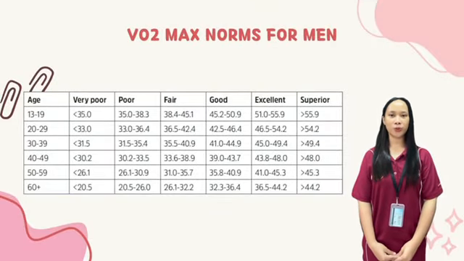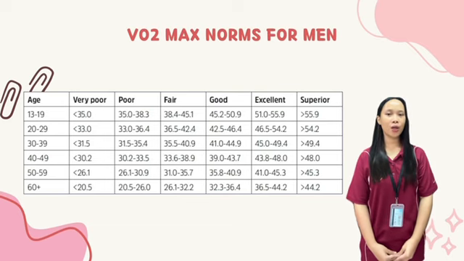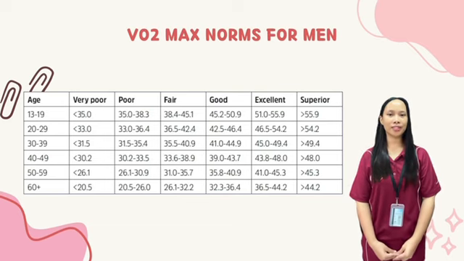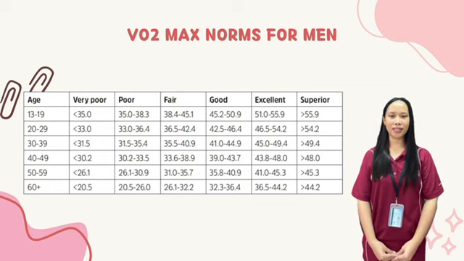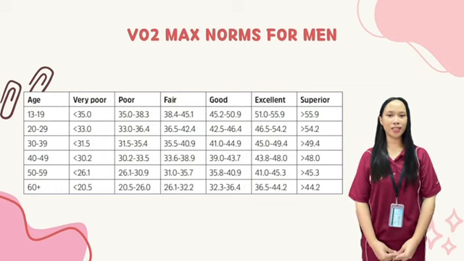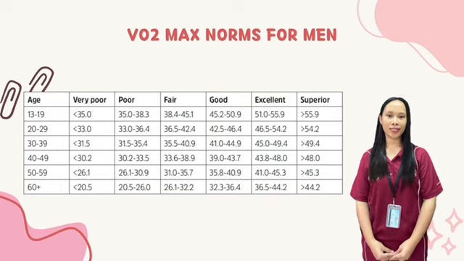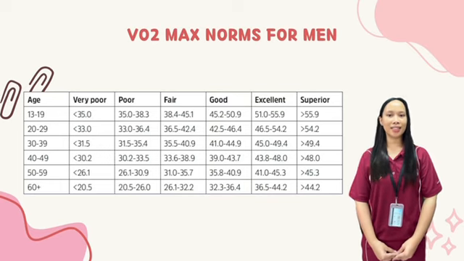Here is the VO2 max norms chart for men, which shows the different fitness levels based on age group. VO2 max is the maximum amount of oxygen the body can use during intense exercise. The higher the VO2 max, the better the cardiovascular fitness.